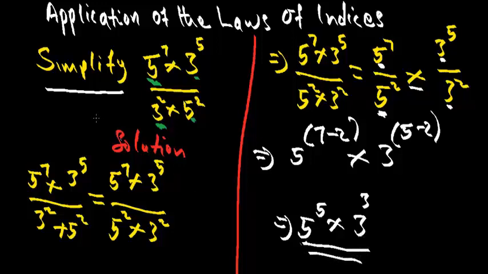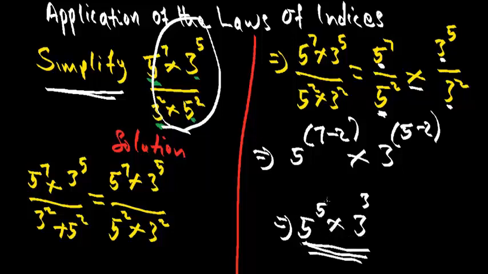You don't need to find the value of 5 exponent 5 and then multiply that by 3 exponent 3, which is 27. No. So this is our first question.